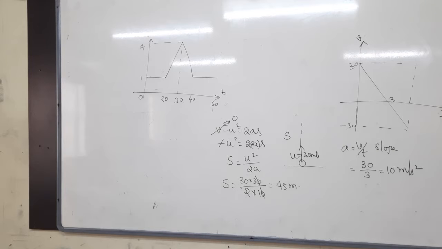Non-zero acceleration and retardation. Now, this is constant. Velocity is what we get? Constant. Velocity is constant, and what happens?